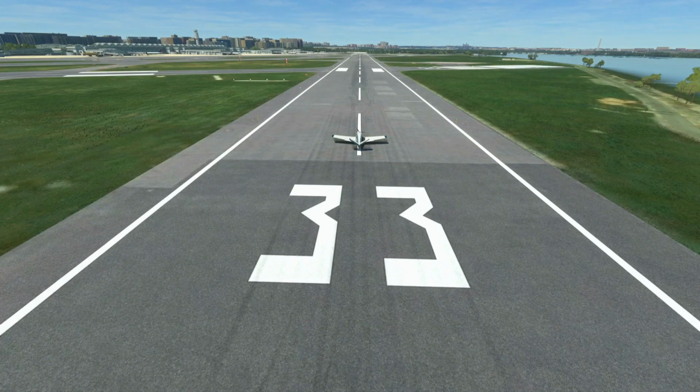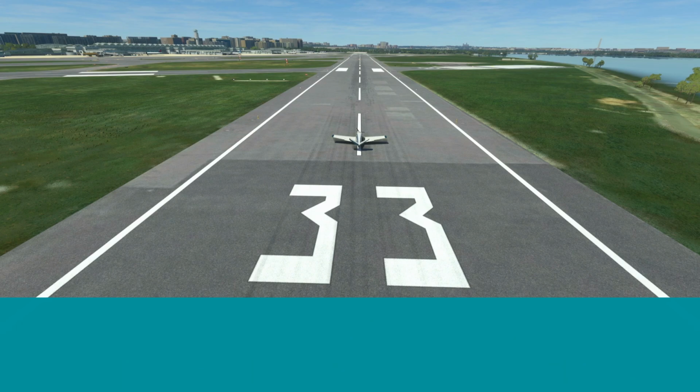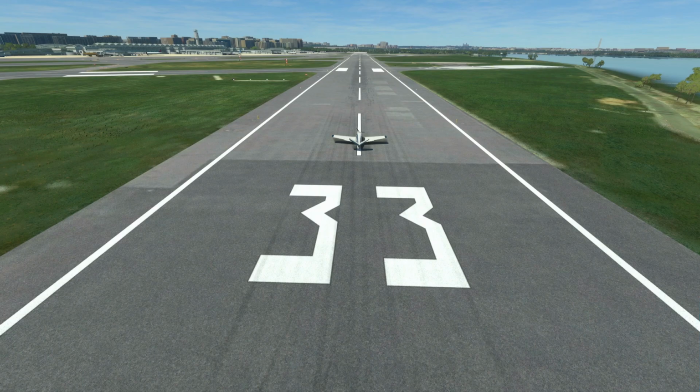That is where this comes from. Now, if it was, say, 050 direction the runway was facing, then in America it would just say 5. Now in some other countries they keep the 0 and it will say 05. Still means the same thing.